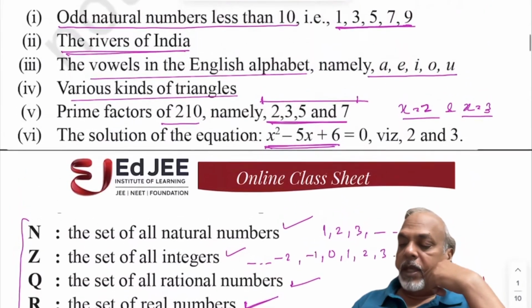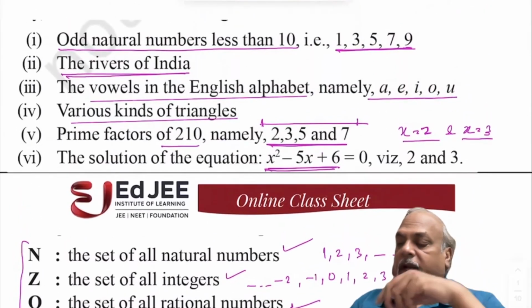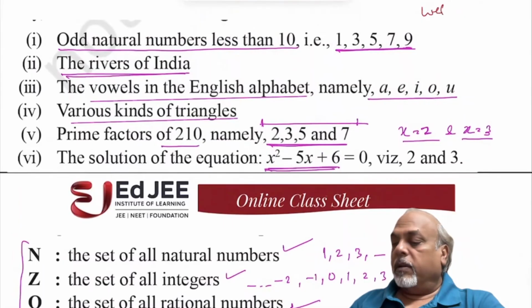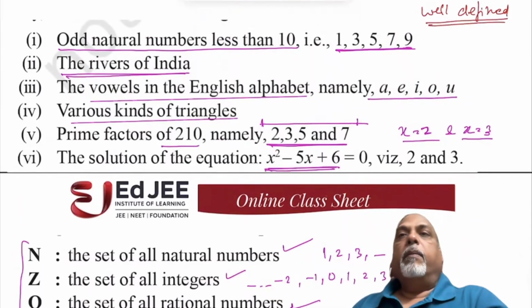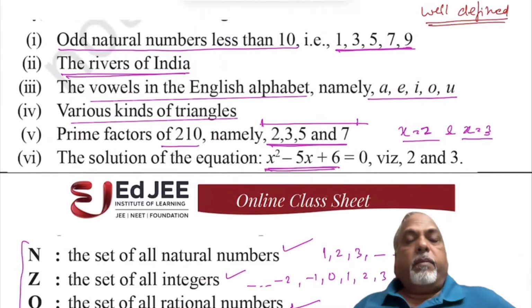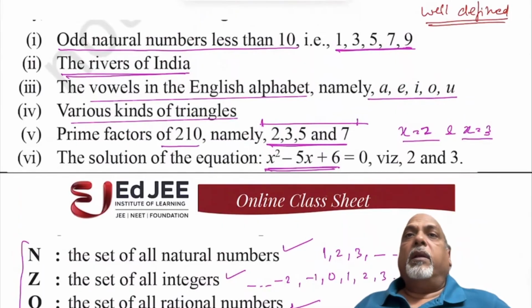Correct? These are here also, these are well defined. Correct? These are all well defined data or not.